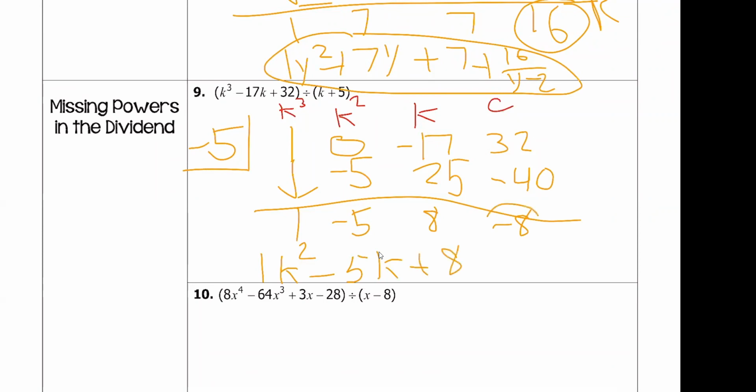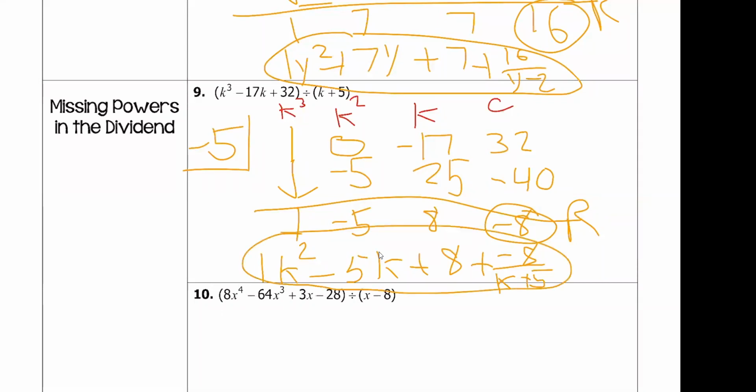And then this, like I said, your last number spot is going to be a remainder if you have one. So this would be plus -8 over k plus 5. You could also write that as -8 over k plus 5 with a subtraction. It's up to you though. So that would be my solution. But notice, I'm sorry if this is too much going on, but notice each one of these spots lowered by 1 degree.